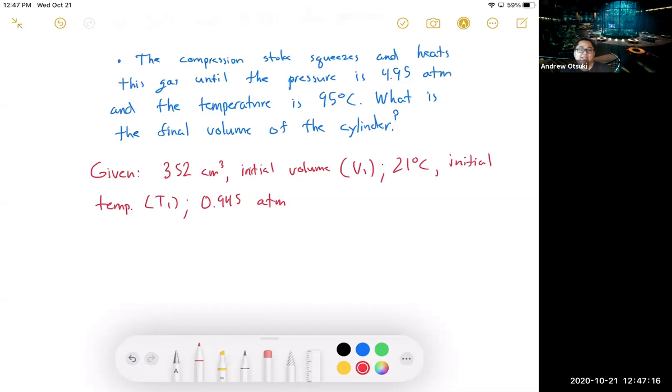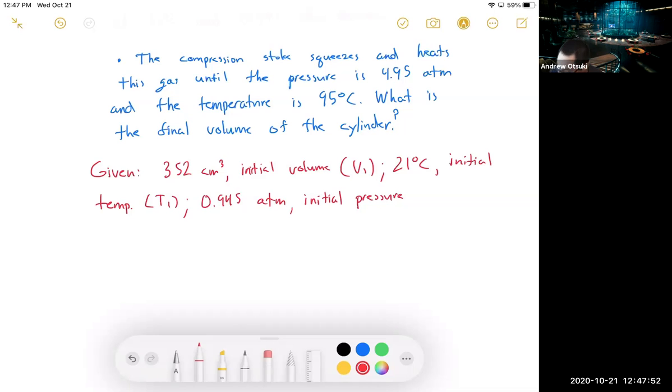So of course you don't have to list it like this. You can just say, oh, T1 equals this, P1 equals this, and V1 equals this. That's probably a lot better in terms of time management on the quiz. But this is just for getting you in the hang of it for practice, so you know how to list your information in a very organized manner. That will make finding your answer much easier. So initial pressure P1.